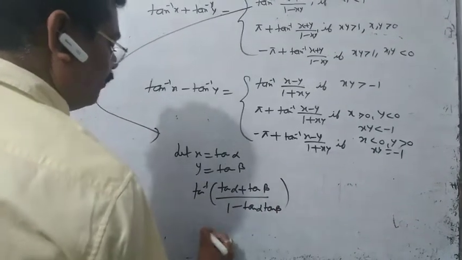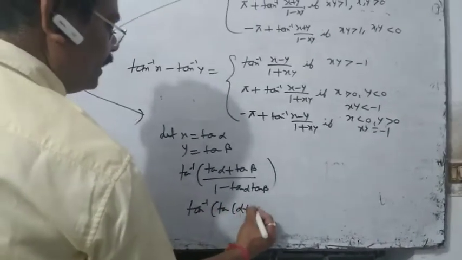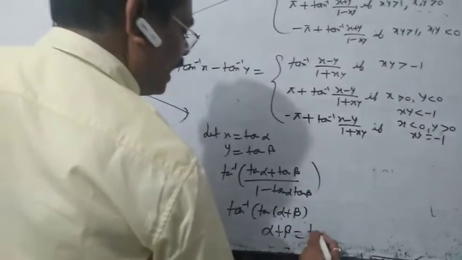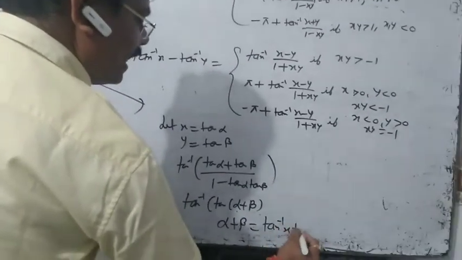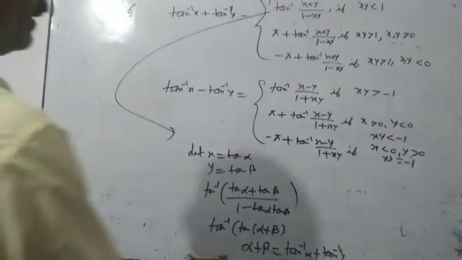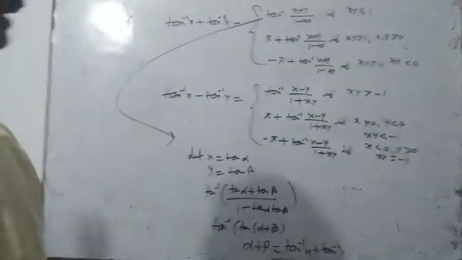This is the formula of tan (alpha plus beta). Tan inverse tan (alpha plus beta) gives alpha plus beta, which means tan inverse x plus tan inverse y. So tan inverse x plus tan inverse y is equal to tan inverse of (x plus y) upon (1 minus xy), proved this way.